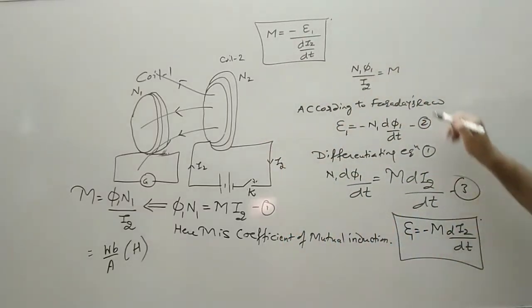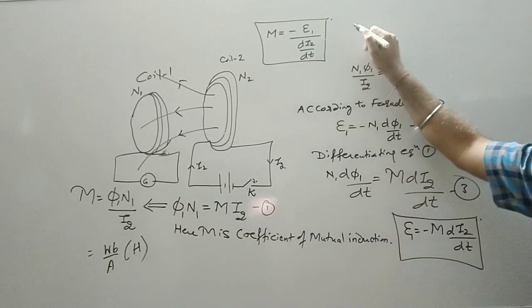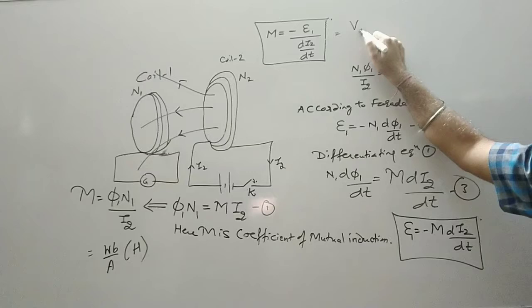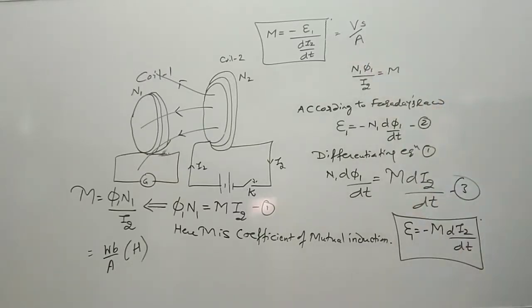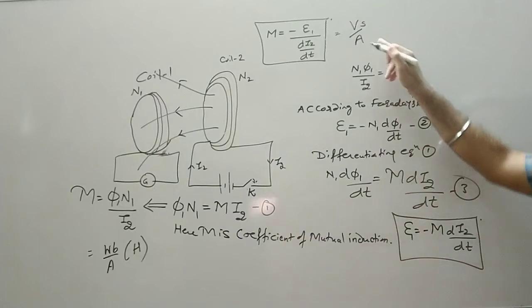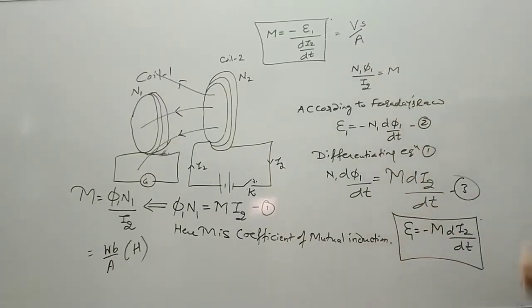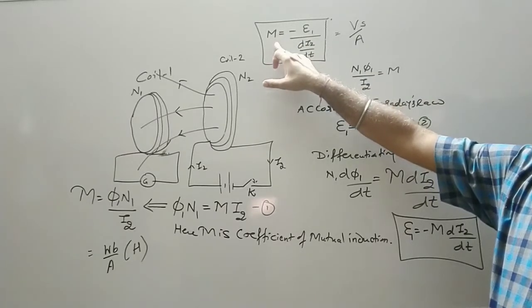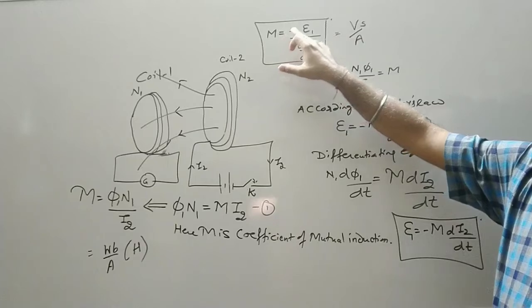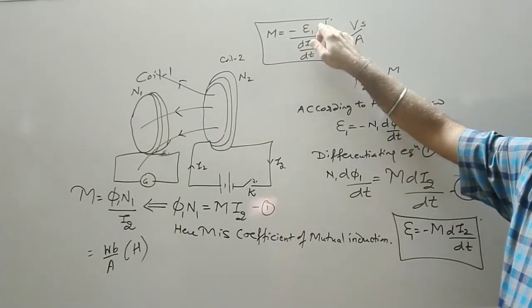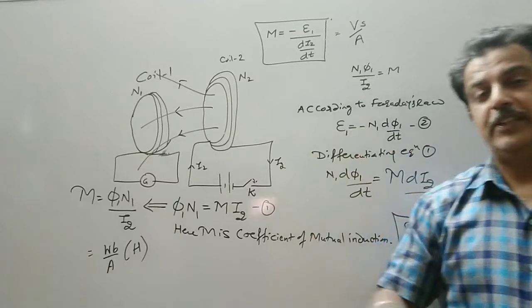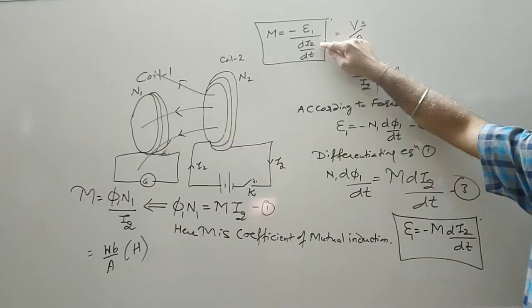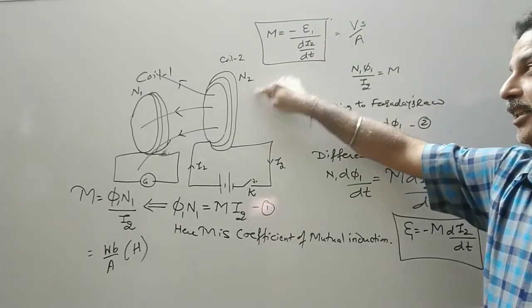Another unit can be written from this. This is volt EMF, change in current with respect to time, that is ampere per second. So it becomes volt second per ampere. The definition of mutual inductance can also be: the EMF induced in one coil of the system of two coils per unit time rate of change of electric current in the other coil.